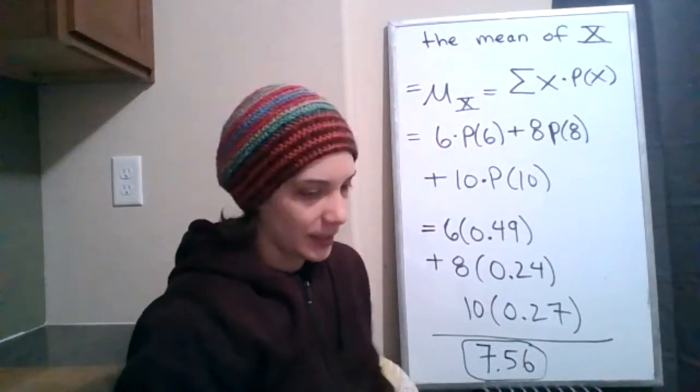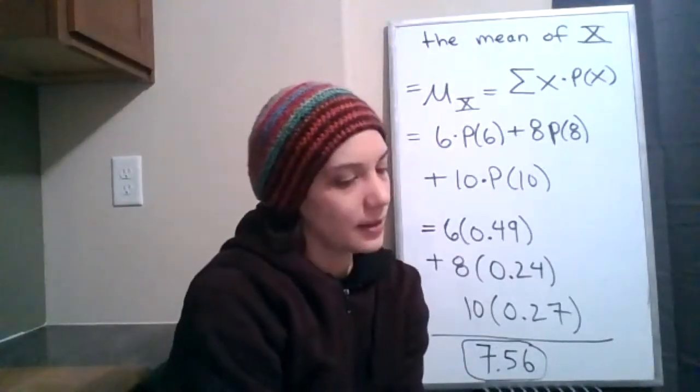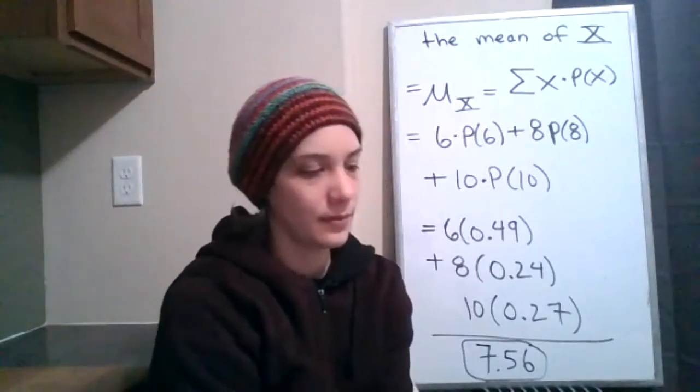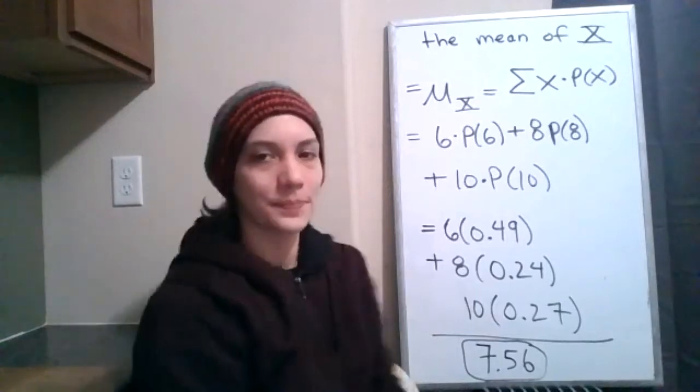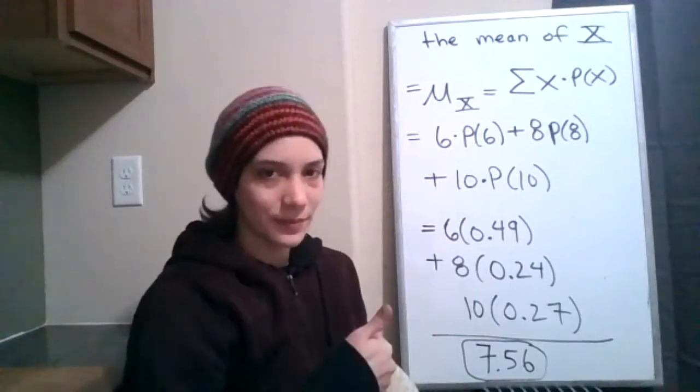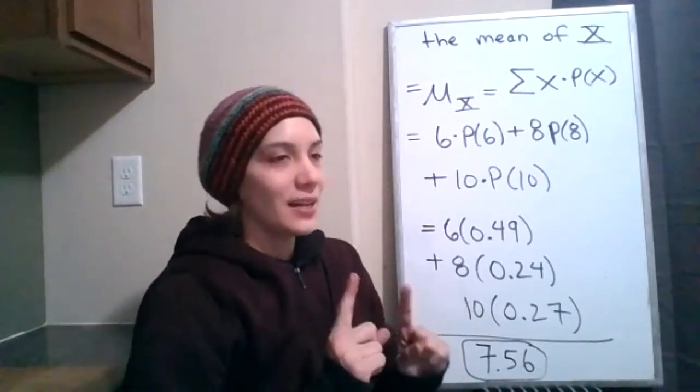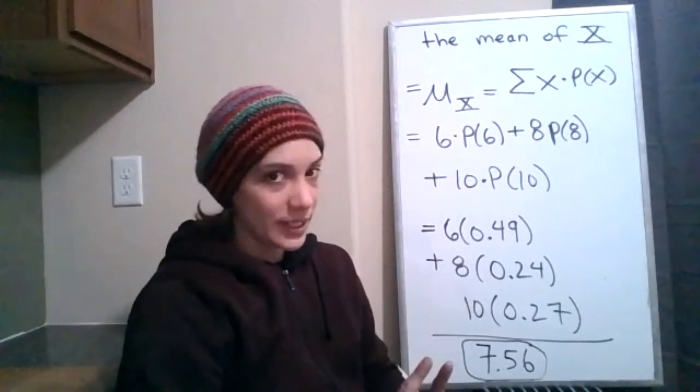Alrighty, let's see. Double checking. Confirm. Cool. Got one more of these where x is a random variable. It's a new example.